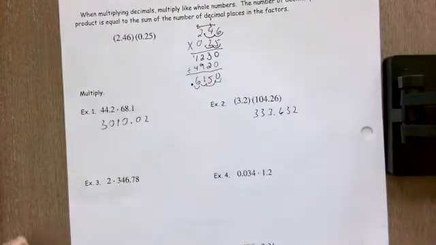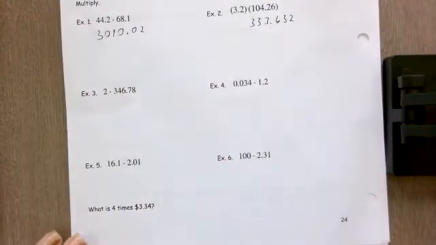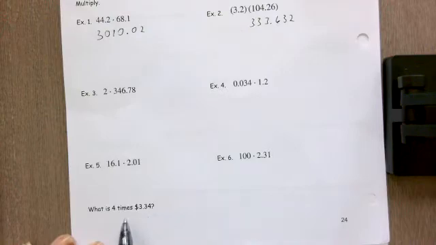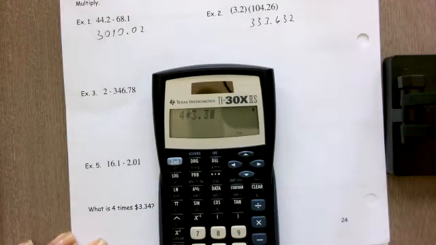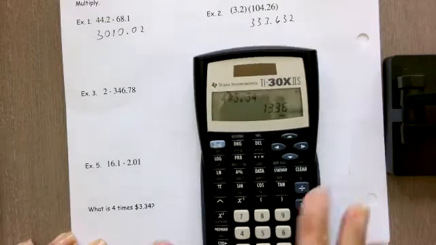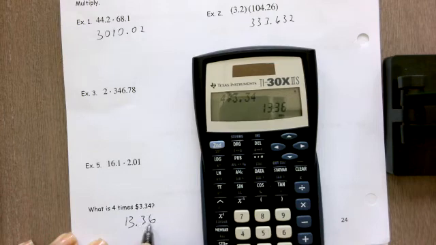So you're going to go through and do these with a calculator. What is 4 times 3.34? That's also multiplication. 4 times 3.34. $13.36.